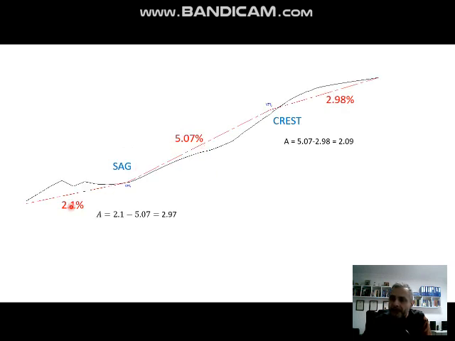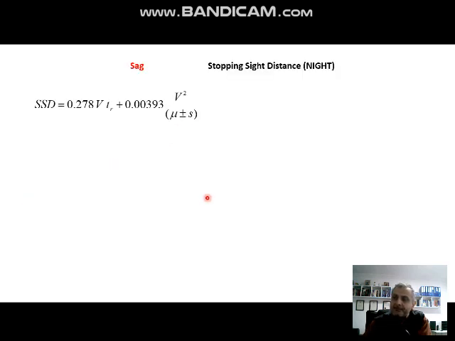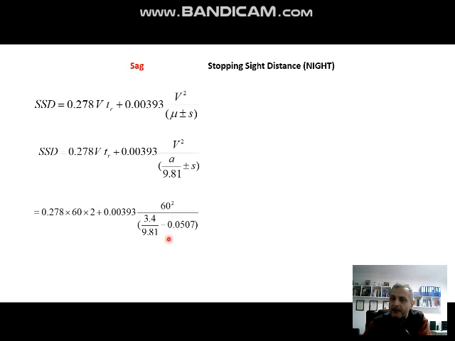In a sag type vertical curve, this straight has a higher slope, therefore vehicles coming from the right going to the left will experience the worst case scenario. We talked about this in class last week, so that's why I'm going to use this slope here, negative.